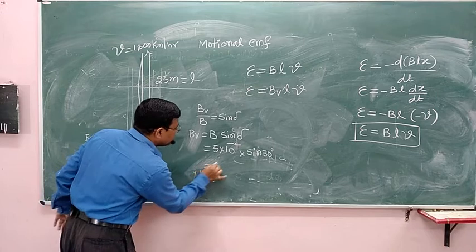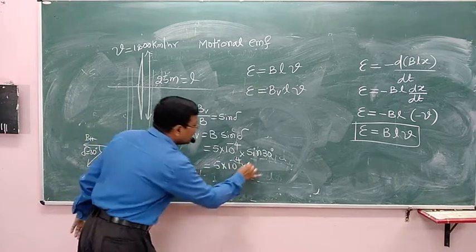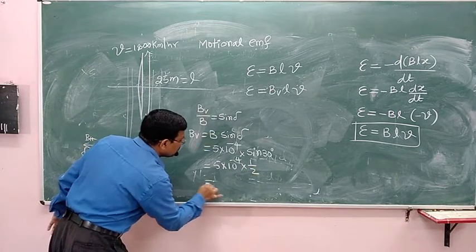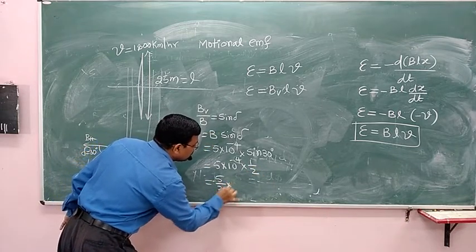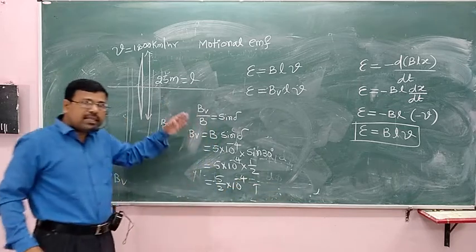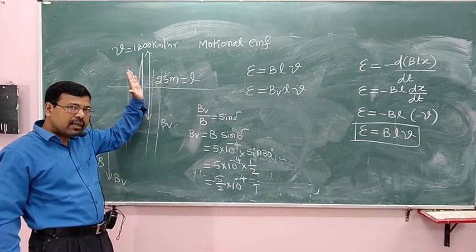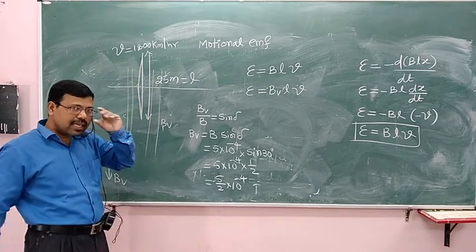Sine 30 is 1 by 2. So this will be 5 by 2 into 10 raised to minus 4 Tesla.